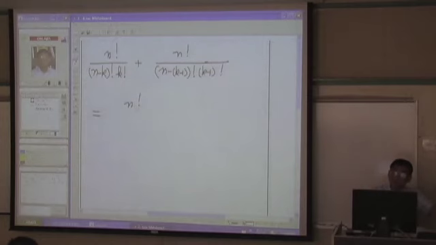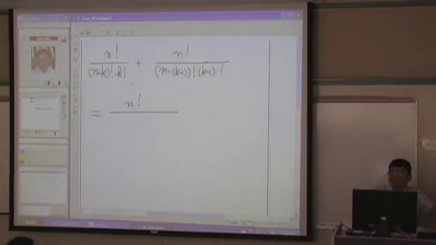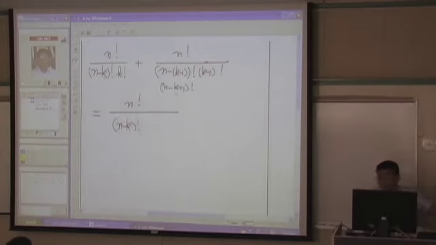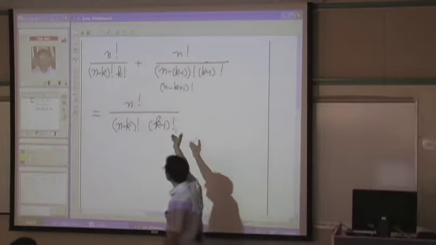From the denominator, the maximal term that we can extract is n minus k factorial, because one number is bigger than the other, so we can extract the smaller number. And here k is bigger, so we can extract the smaller number, k minus 1 factorial. So I extracted the maximal factors that exist in both terms.